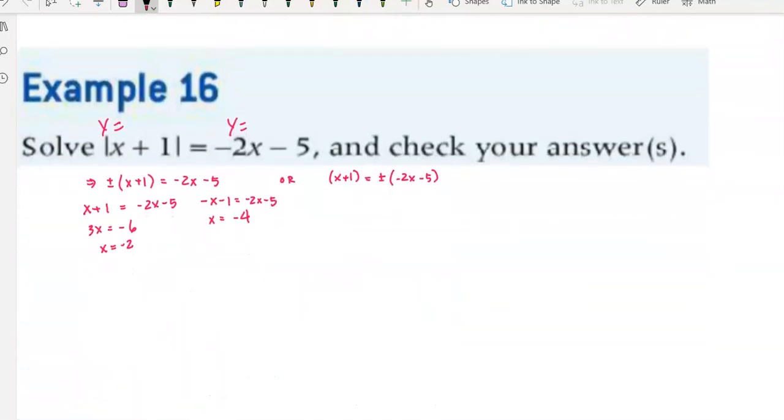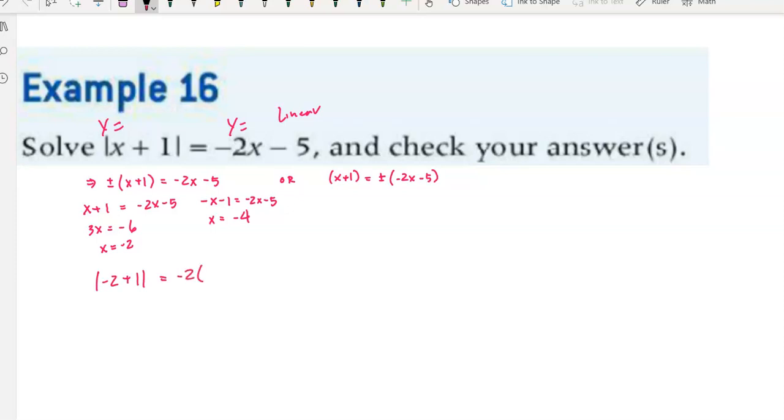But this one is a line. This is a linear function, and that one right there is an absolute value function. So depending on the slope of the linear function, it might not capture both. So you have to check. And it doesn't take that much to check.